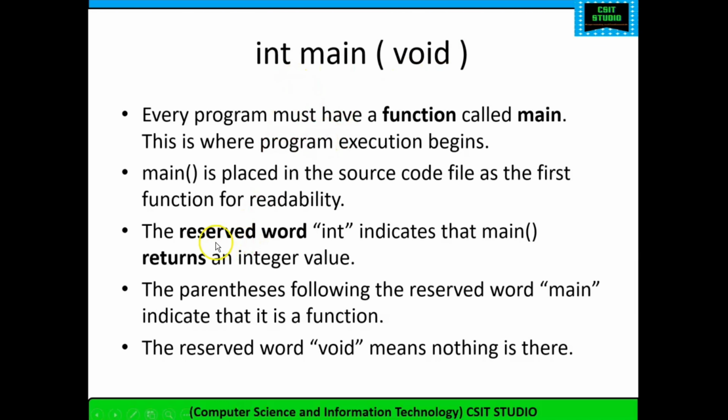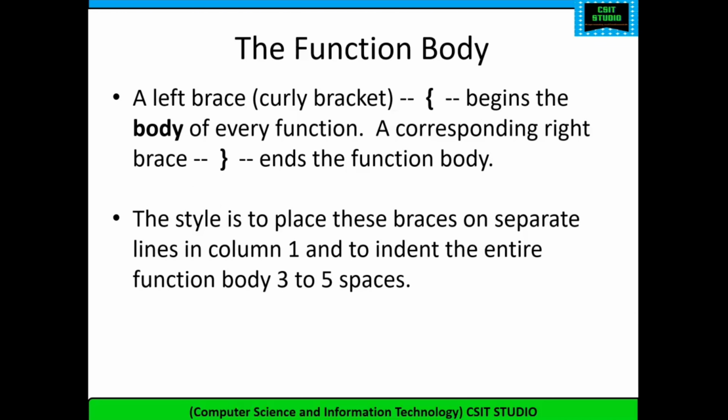And I have used a reserved word here. By reserved word I mean we cannot use these words for any other purpose in a program. Soon we will see details on this. A function's body begins with a curly bracket, or we call it a left brace. And from the curly bracket, every line is part of this function until we see a closing curly bracket or right brace.